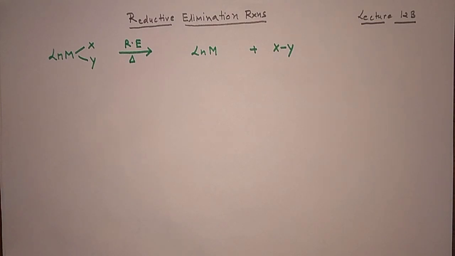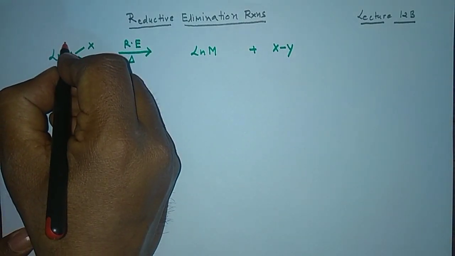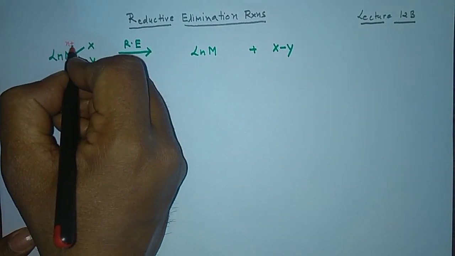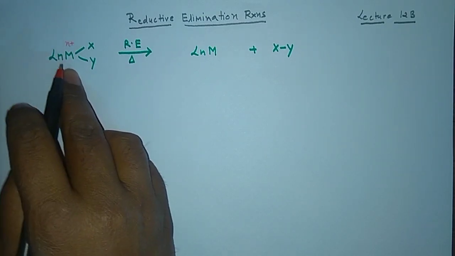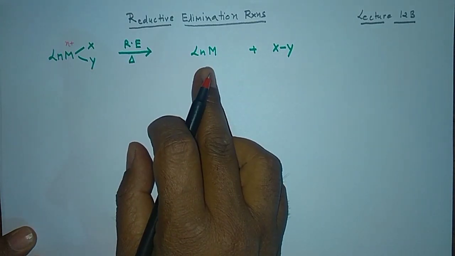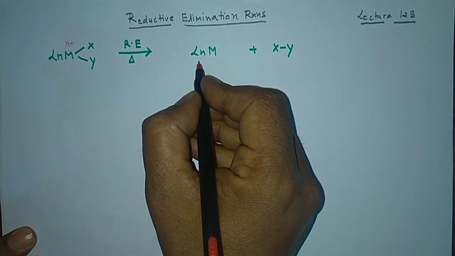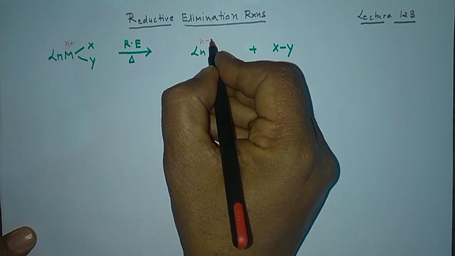Say this metal has an n positive oxidation state in the substrate molecule. When it undergoes reductive elimination and forms this product, your oxidation number will change, so it would now be n minus 2.